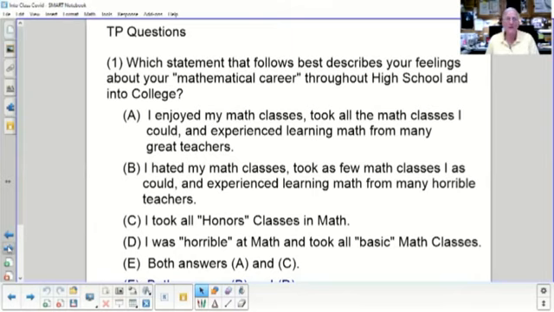Now, I want you to think about these questions, and I'm not really too worried about you sending me the answers to these. These are not going to be graded, but think of these particular questions and see where you fit in. Which statement that follows best describes your feelings about your mathematical career throughout high school and into college?